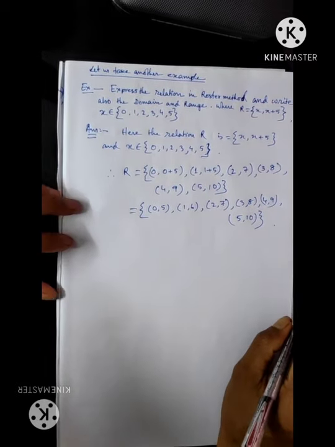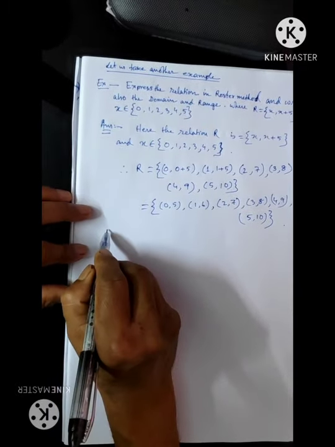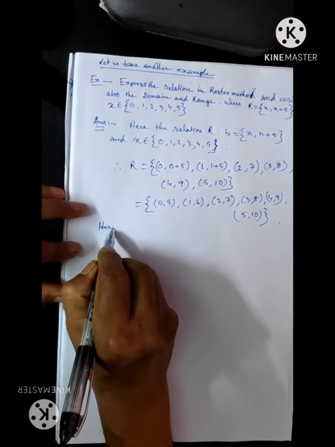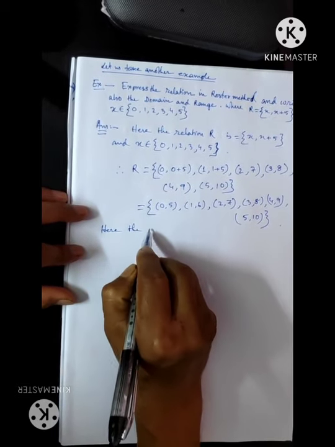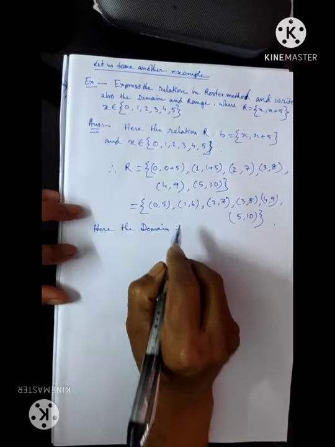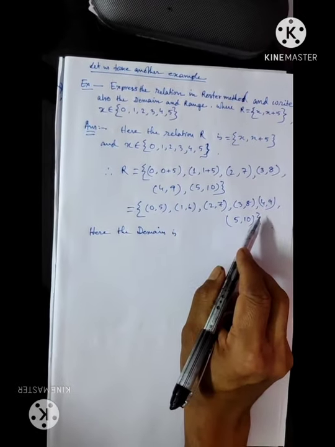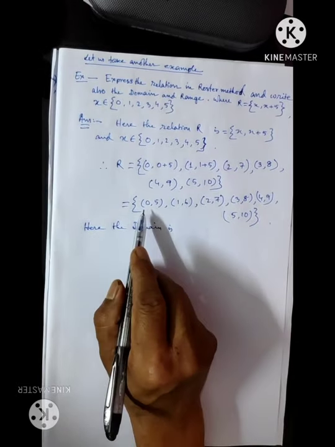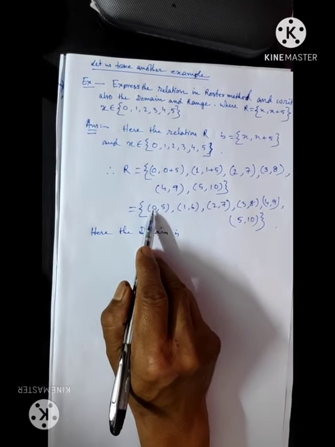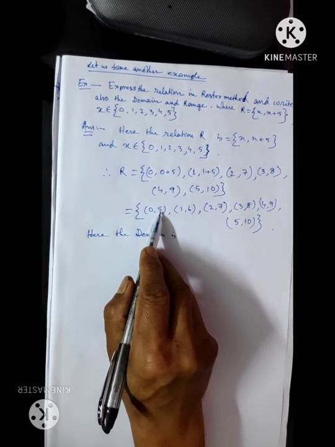Here we see that the first element of the ordered pair is the domain element. This is the first element, and this is the second element.